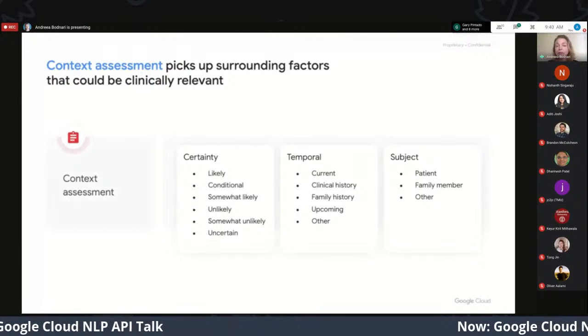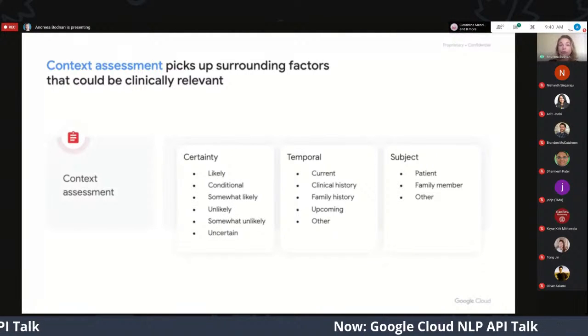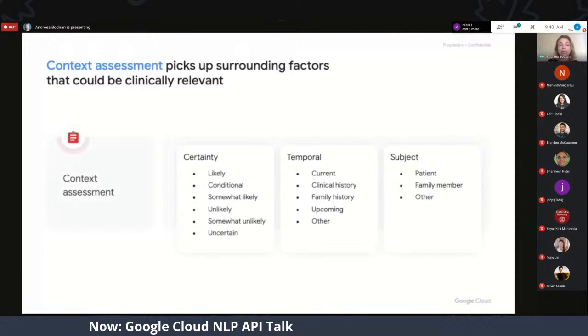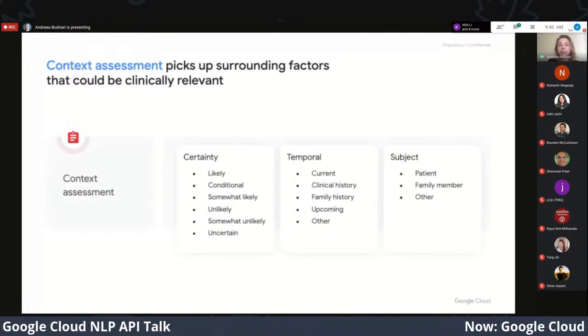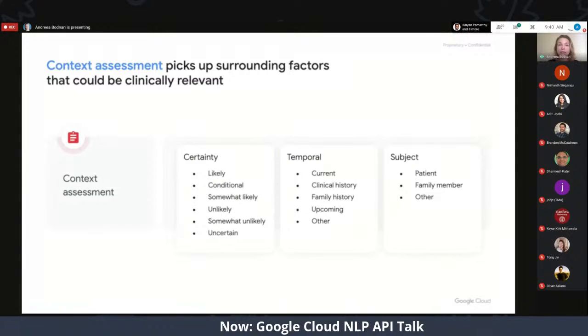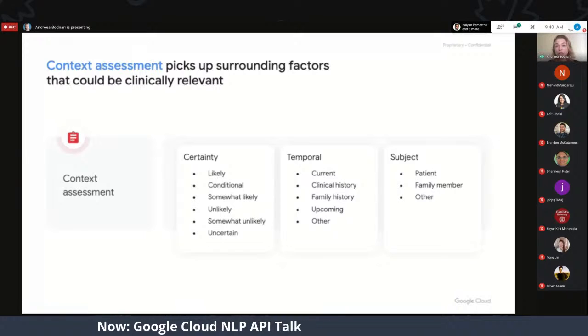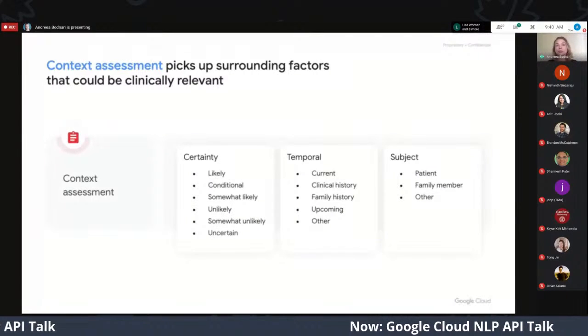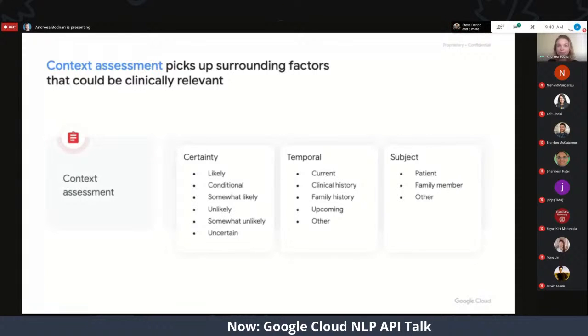The temporal status qualifies whether the piece of medical information is occurring in the present, in the past, if it's part of the family history or the clinical history of the patient. And then the subject function qualifies whether the information refers to the patient or the patient's family member.